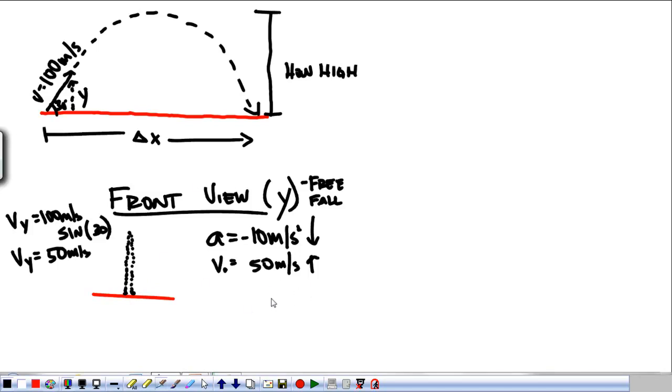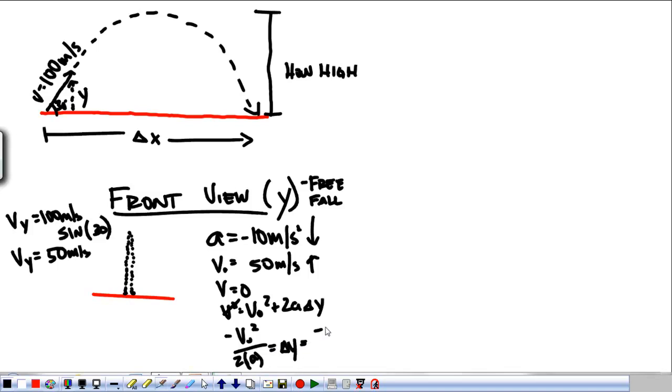Which means we can do this. If I want how high, the final velocity is equal to 0. And so v squared equals v0 squared plus 2a delta y. That goes away. Negative v0 squared over 2 times the acceleration gives us our delta y.